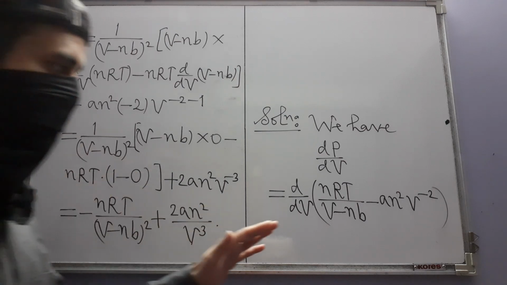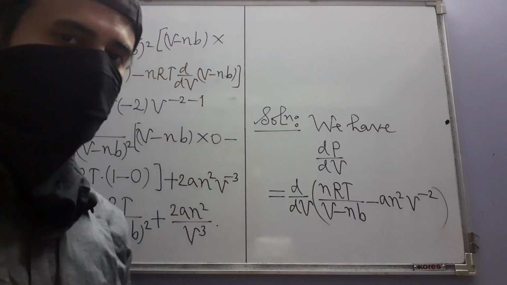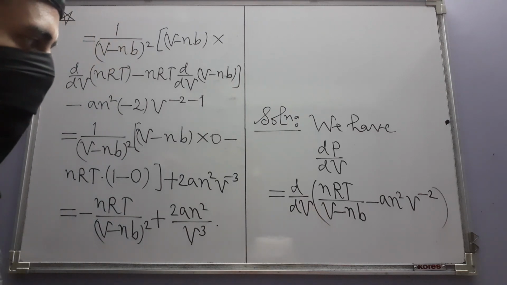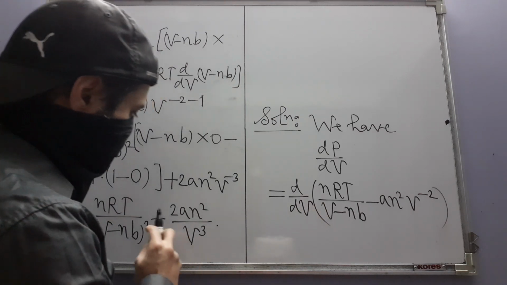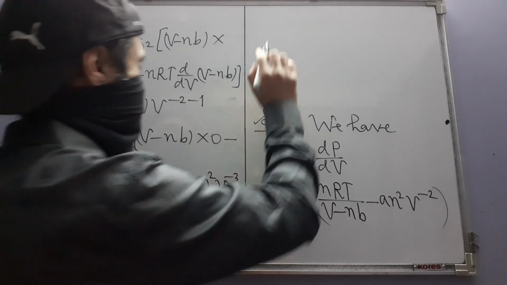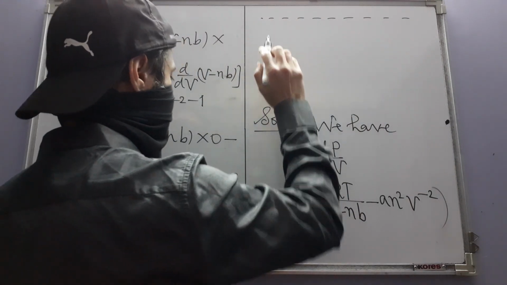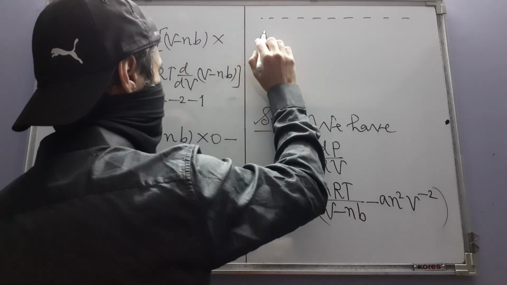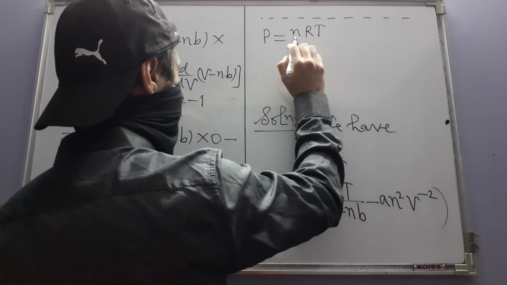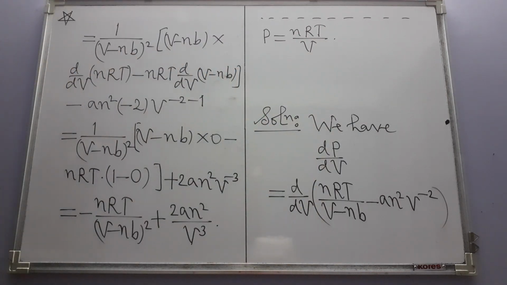Now, if your equation was the reduced one, meaning if it was the ideal gas equation, then what will happen to dP/dV? That's not a part of the solution, but we can just see what it will be. In that case, the pressure looks simply like this in terms of volume.